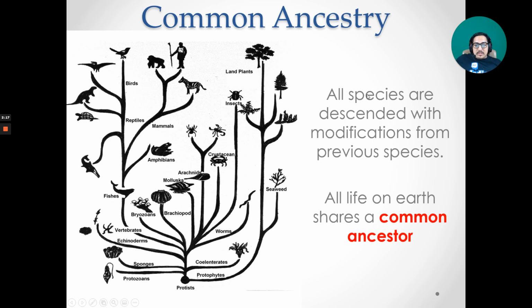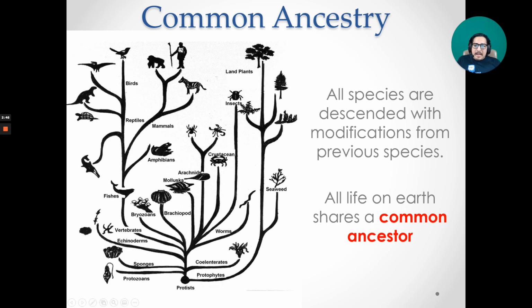So all species are descended with modifications from a previous species. For example, it says that you started here and now humans are over here, right? Monkeys, apes, and humans come from the same thing, but they're not the same. So do not get confused. A lot of students think that monkeys come from humans or humans come from monkeys. That's not really true.